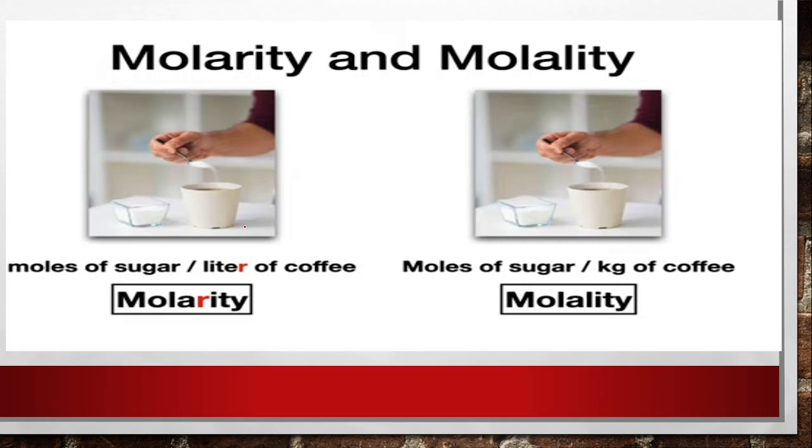In this case you will put a number of spoons of sugar in 1 liter of coffee, whereas in case of molality, you will put a number of spoons of sugar in a kilogram of coffee. The most common and most practical unit is molarity. You can use it commonly, whereas molality is not so common. But if you look at accuracy, molality is more accurate as compared to molarity. We will discuss it later.